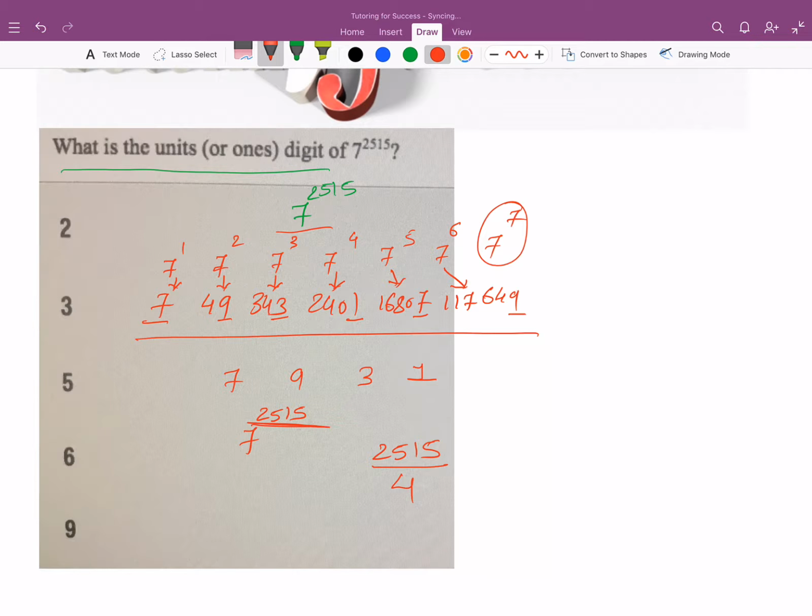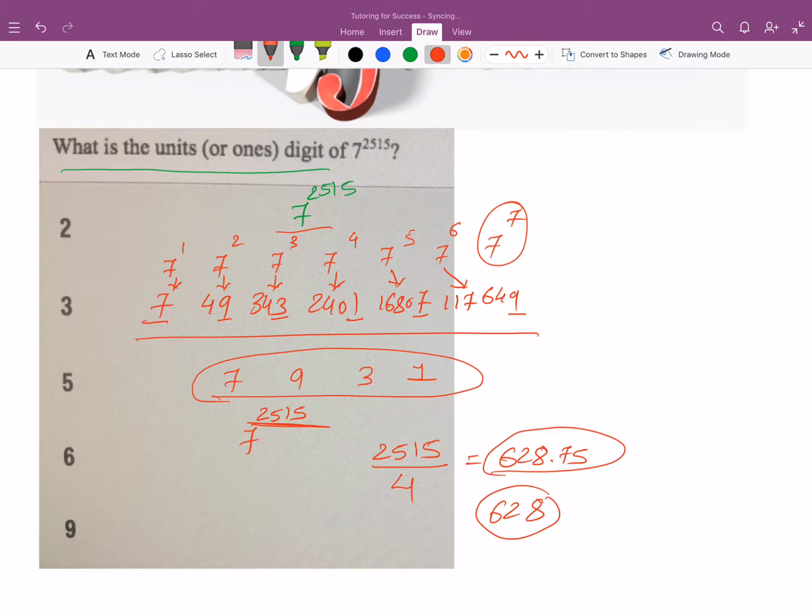So if you divide 2515 by 4, you should get 628.75. And what does that tell you? It tells you that this pattern will loop for 628 full times.